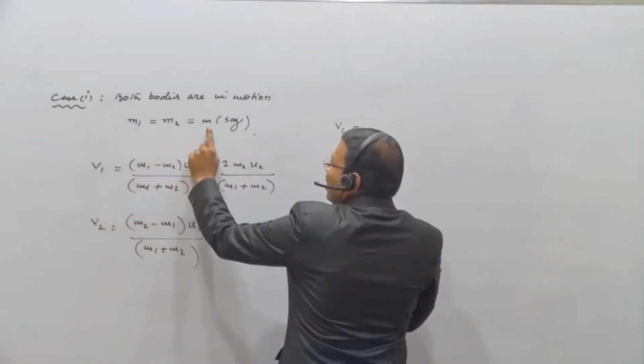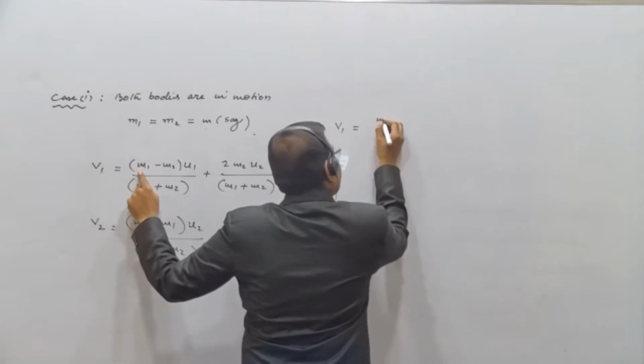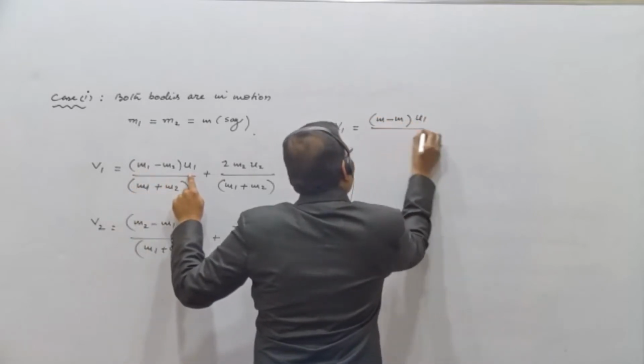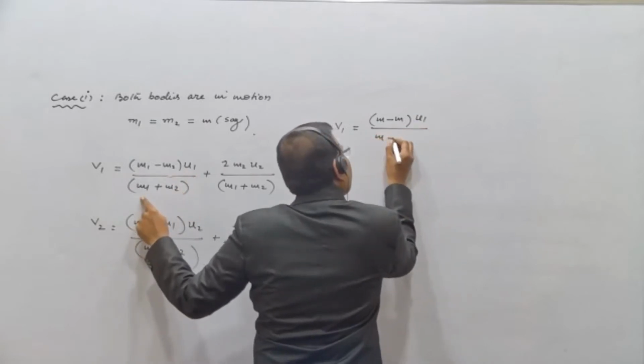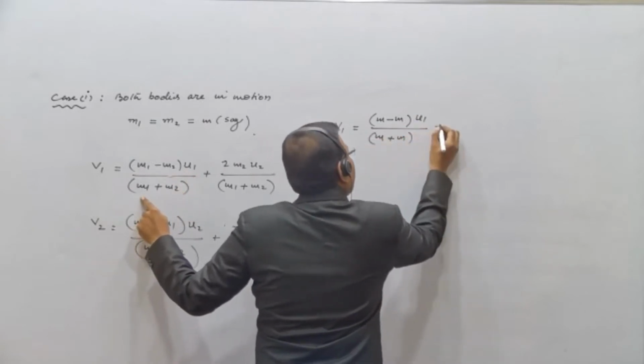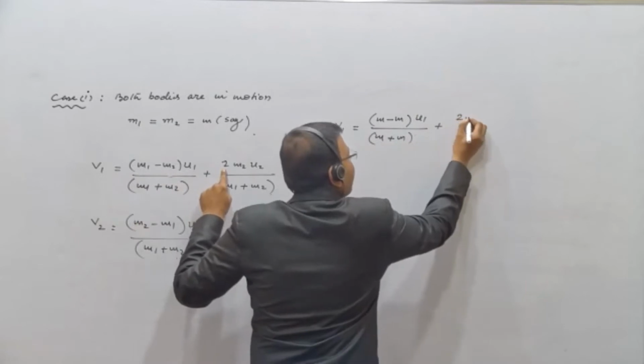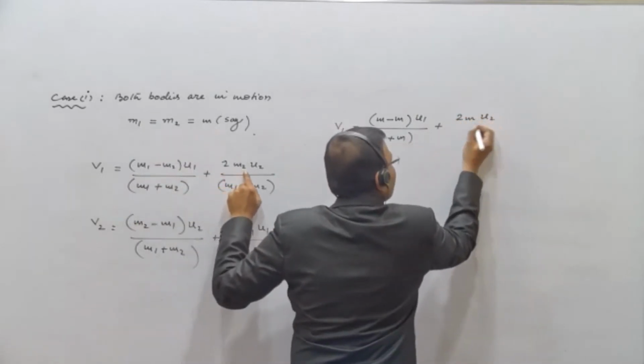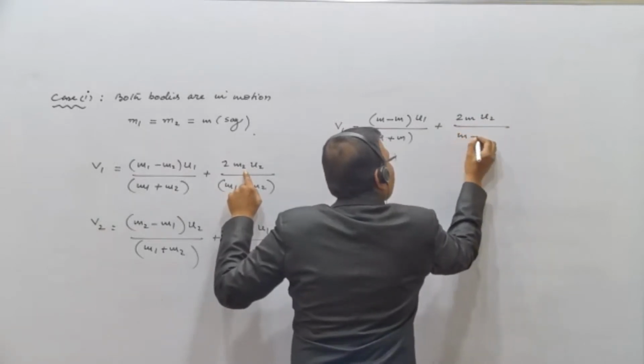ठीक है, देखिए द फर्स्ट वन v1, m1 and m2 both are equal to m, so in place of m1 I will write m minus m into u1 by m1 plus m2, m plus m is 2m, m2 is m only, plus 2m into u2 by m plus m.